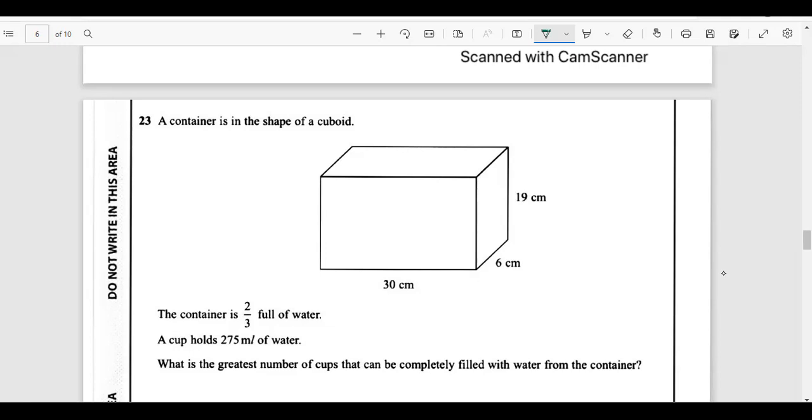Think about it. I'll wait for 3 minutes. Do your working and type the answer in the chat box, okay? And then I'll do it if you are not able to do it.